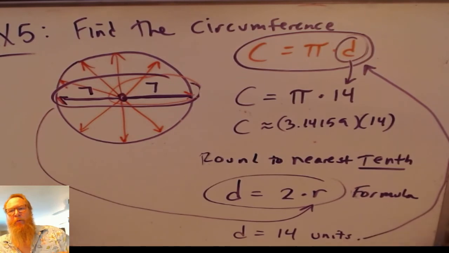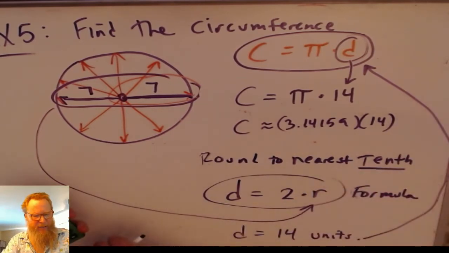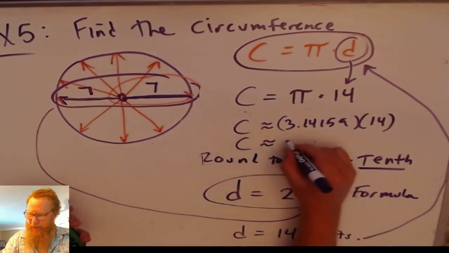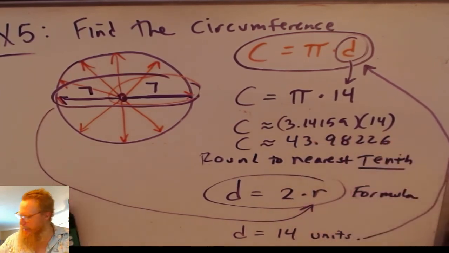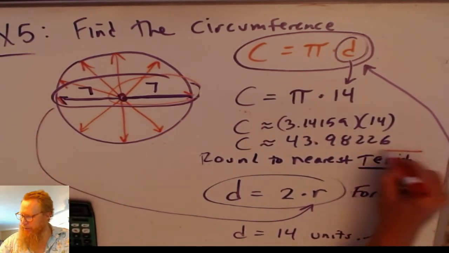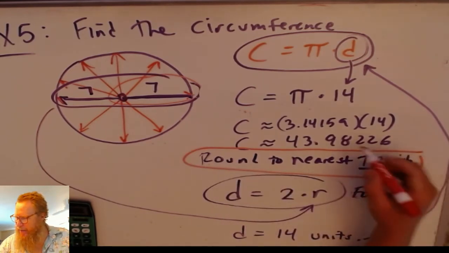So 3.14159 times 14. 3.14159 times 14 gives you 43.98226. This time I'm rounding to the nearest tenth.